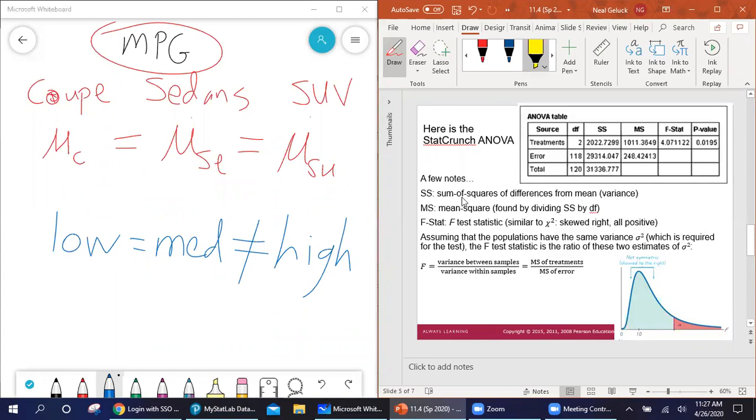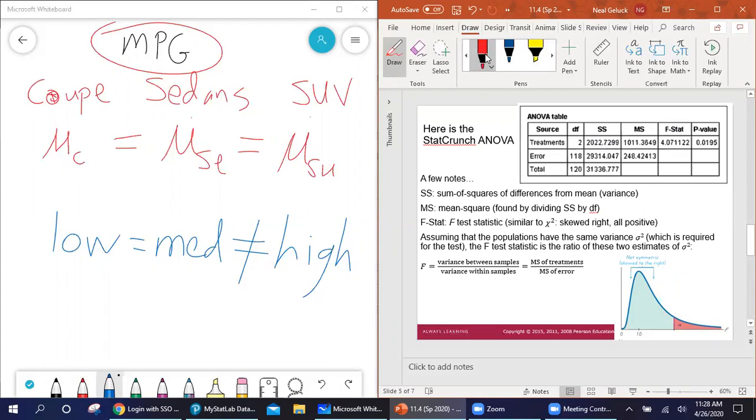SS stands for the sum of squares of differences from the mean. That is what variance is, where we figured out how far we were from the mean and we squared all those and add them up. The mean square is dividing the SS by the degrees of freedom.